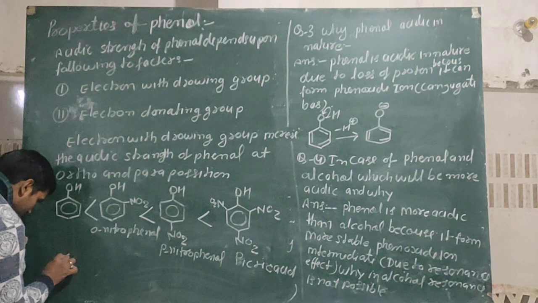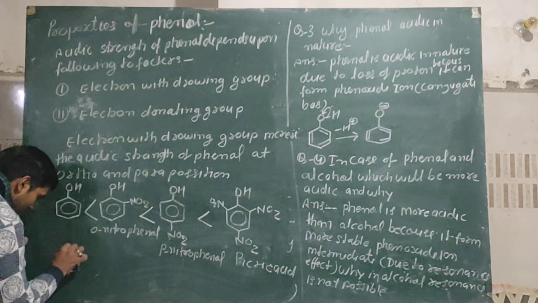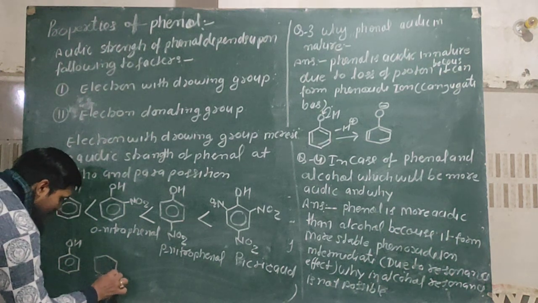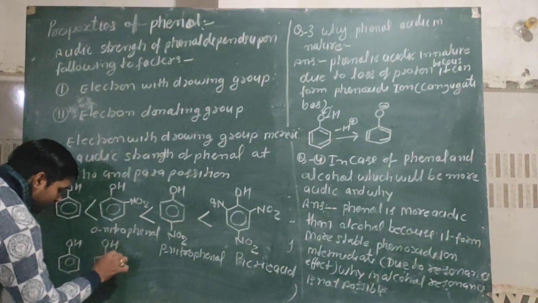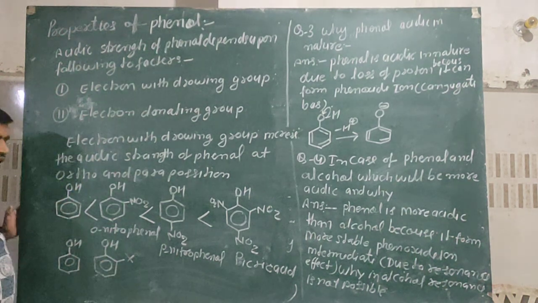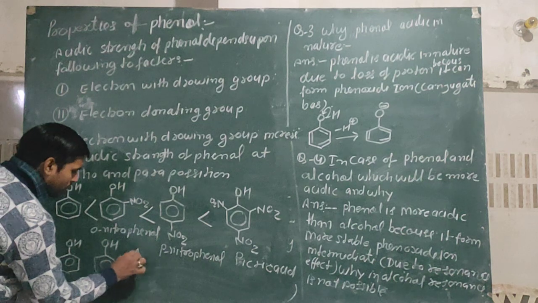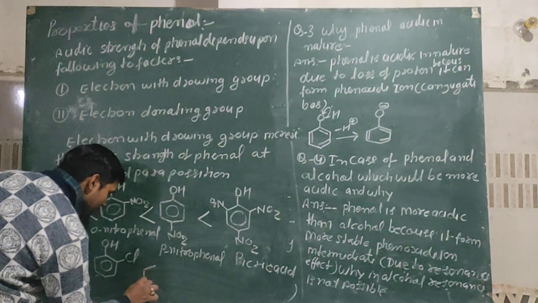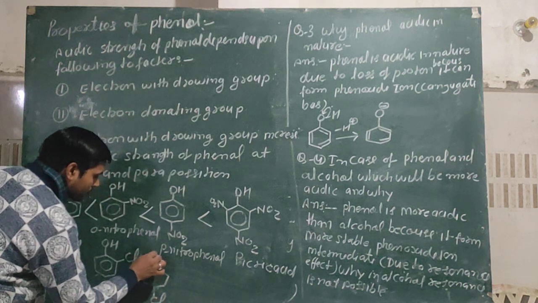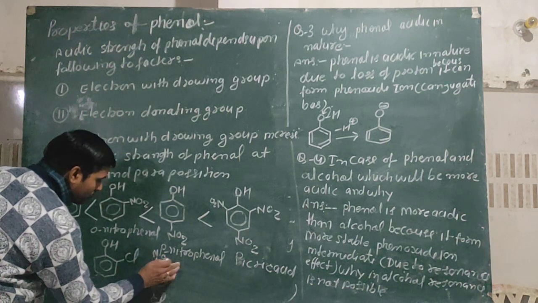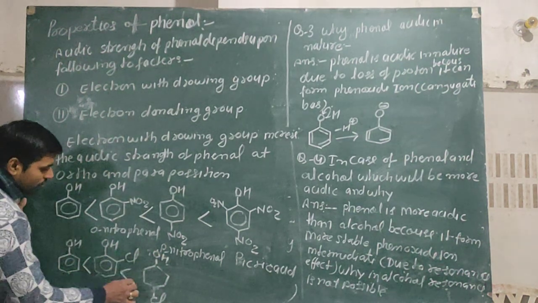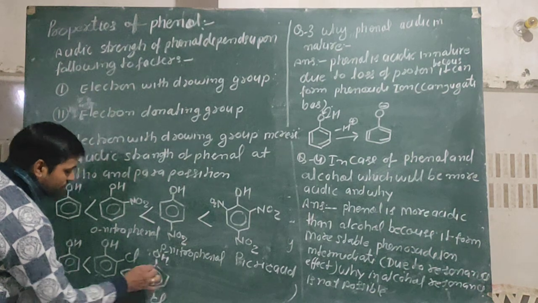Another structure where phenol has a halogen atom like chlorine, bromine, iodine, you can write chlorine here also, and OH is present, then it is less acidic and it is more acidic.